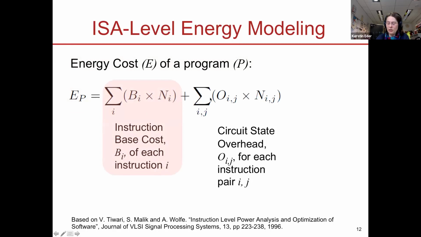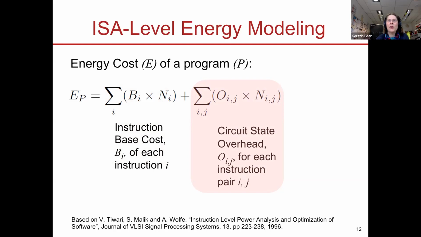On the other hand, you also need to consider how much it costs to switch the circuit between individual instructions. So the circuit state overhead for each instruction pair, i and j, needs to be considered.